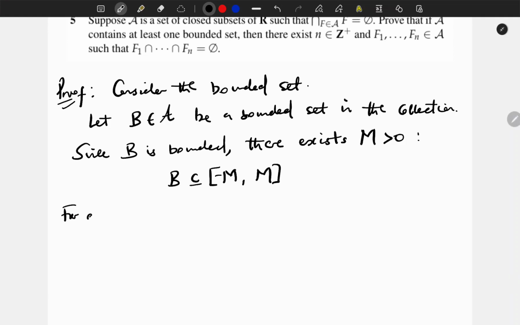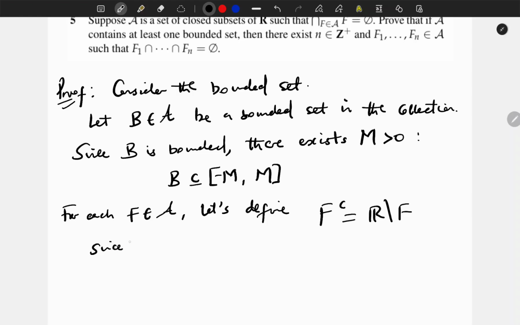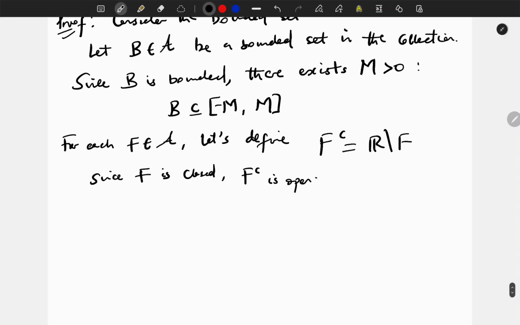For each F that belongs to A, let's define the complement of F to be R take away F. This is for each F now. Then you realize that since F is closed, then the complement is open. The complement of a closed set is open.